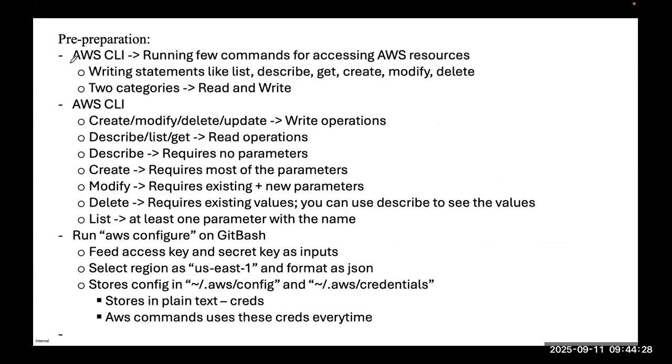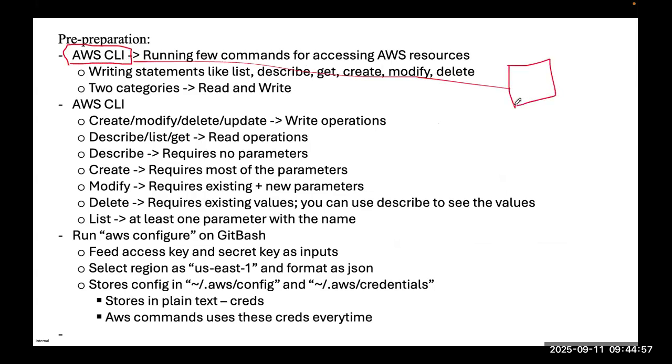Okay, see, you have to clearly understand what is the purpose of AWS CLI. Then only you can have a clear-cut understanding of what is Terraform. Do you have a clear understanding of what is AWS CLI, how it is helping? It's a command line interface tool to connect to AWS cloud.